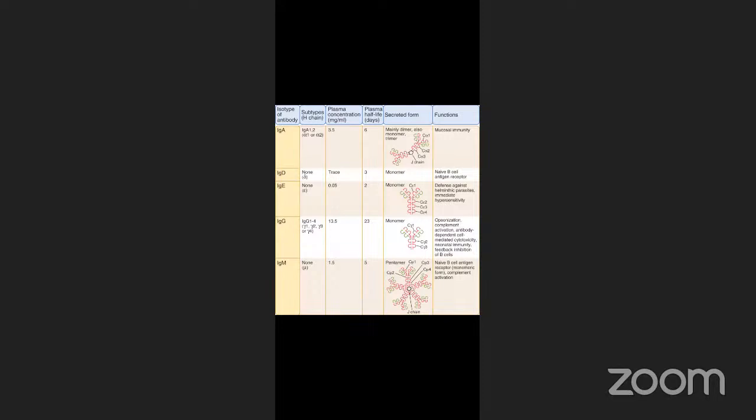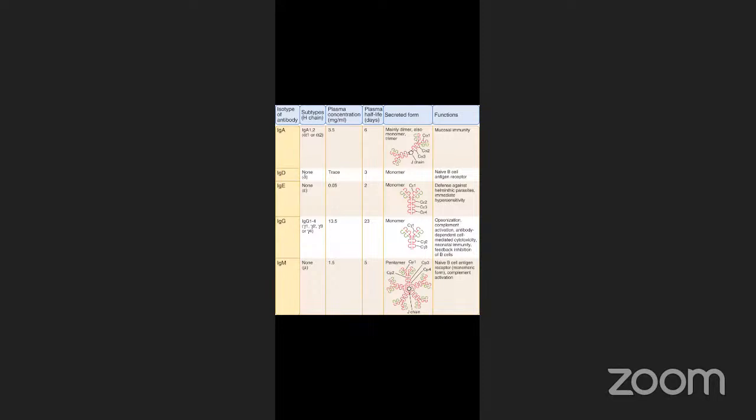It is mainly a dimer, also monomer or trimer sometimes, secreted from the plasma cell. Okay, these are the secretory immunoglobulins.